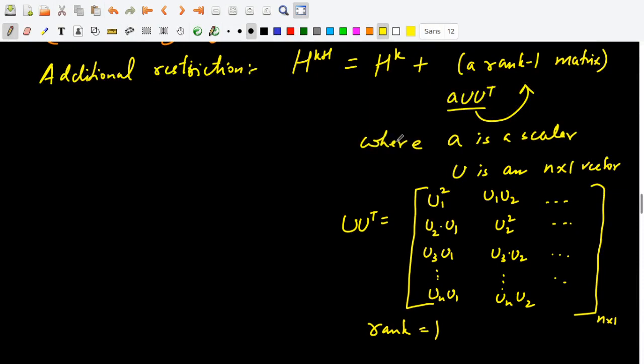So if I restrict my update in H to be a rank 1 matrix with some scalar, I still have to decide what A and U can be.